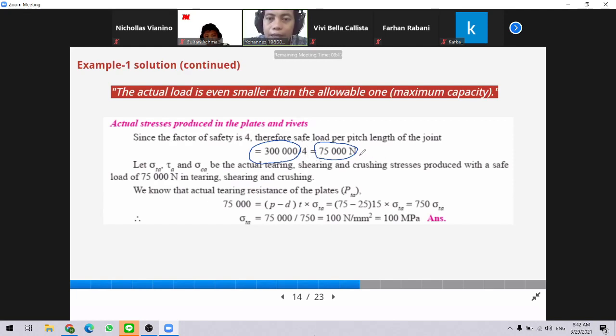Then, if we want to calculate again the allowable tensile stress, we have to use this load, not the 300 kilonewton. So this is the allowable stress. This is not the specification of the material, but this is the working stress.